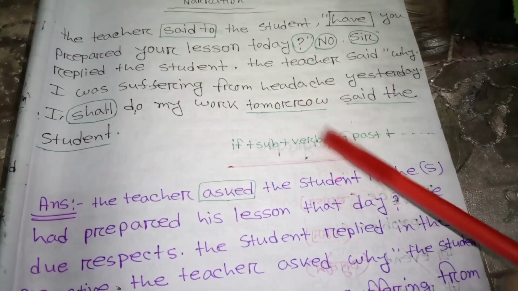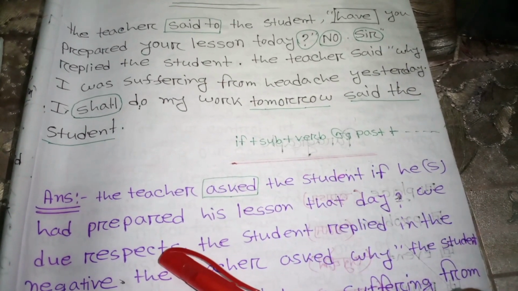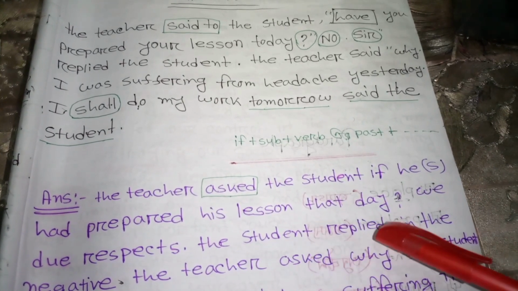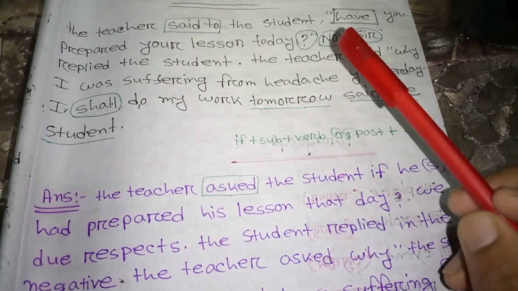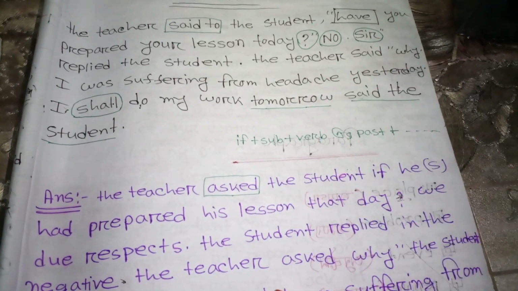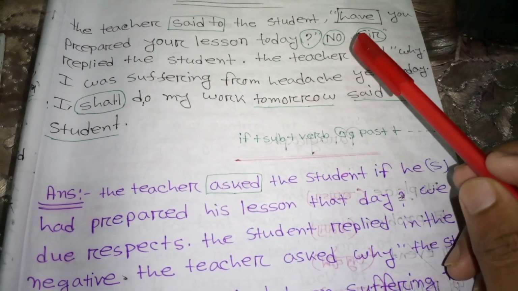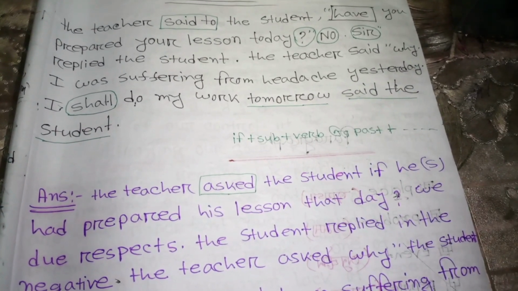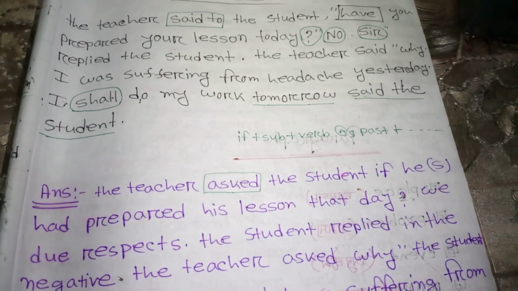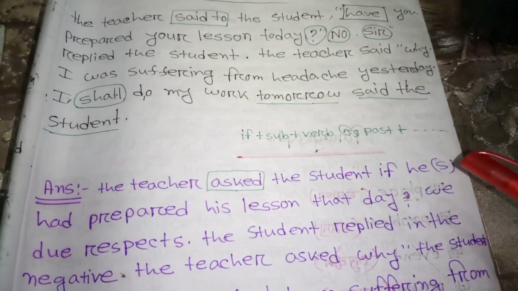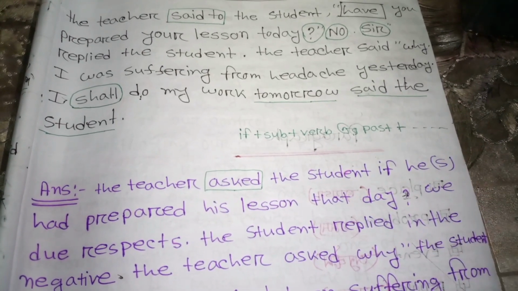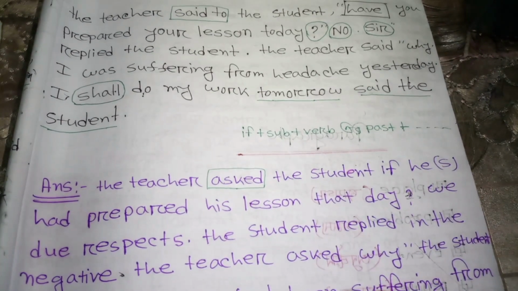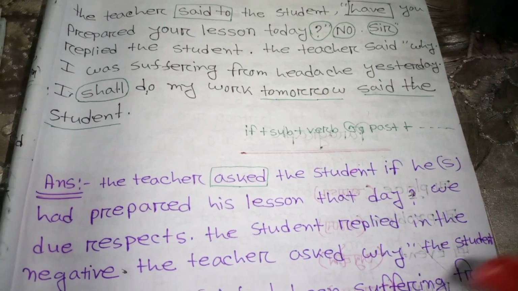So we can write down the student replied respectfully in the negative, because it is "no." If the answer is yes, you can write down the student replied respectfully in the affirmative. Or if it is not, you can write down the student replied respectfully in the negative.